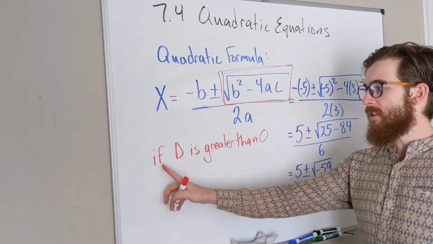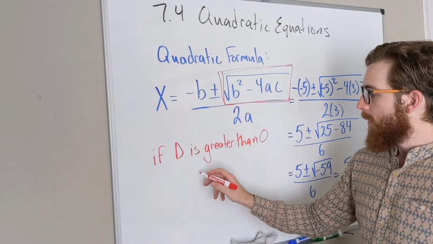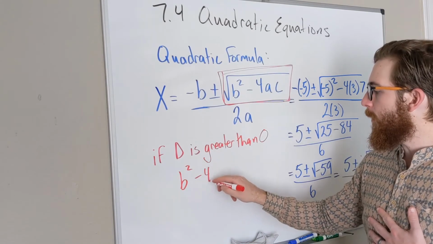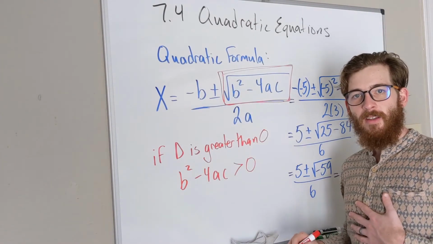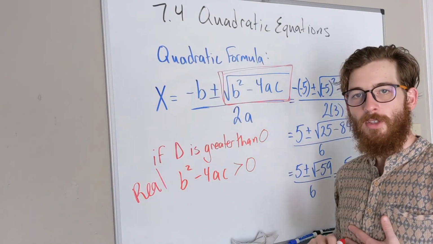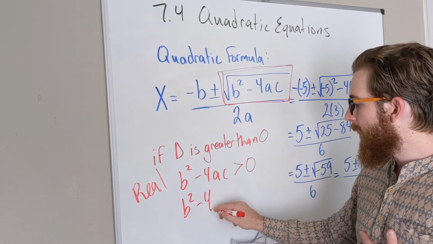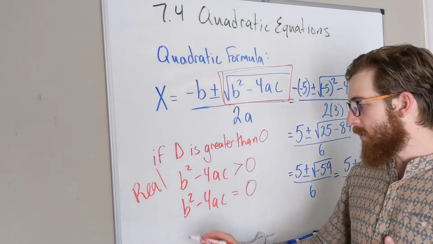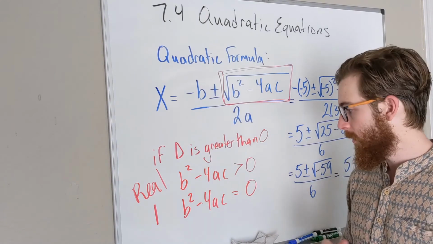So another way of saying this is if the discriminant, b squared minus 4ac, is positive, then it's real solutions. If b squared minus 4ac equals 0, it's still real solutions, but only one real solution.